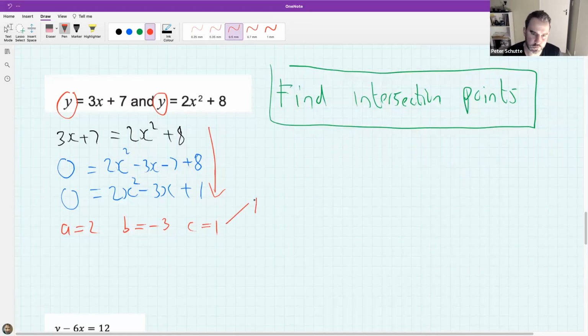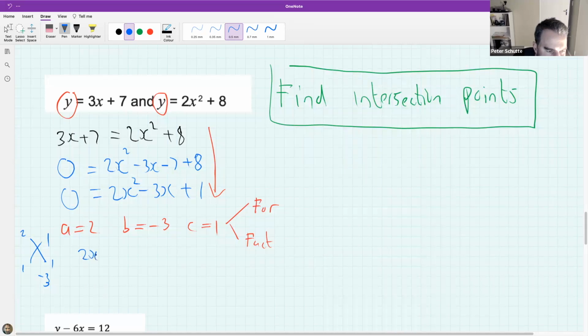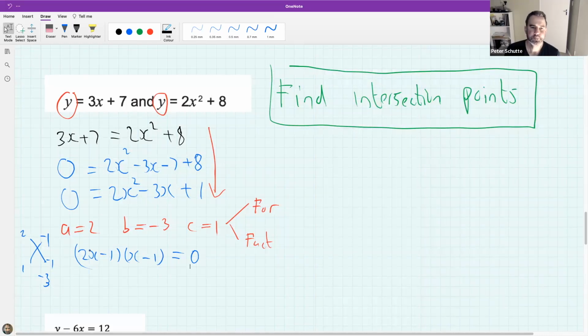You can either use the formula or you can use factorizing at this point. And whether you use the formula or factorizing, you should get the same answer.